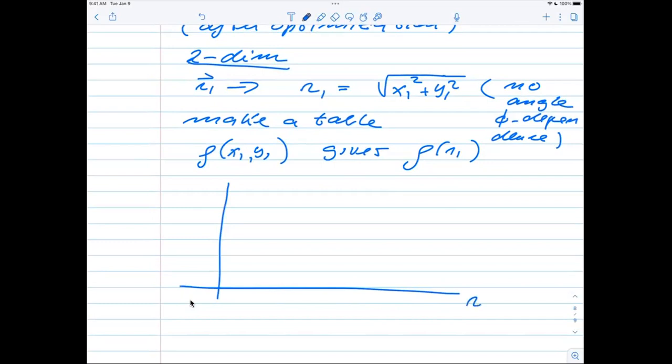So we would then plot it as a function of R1, and we can just take away the R1 subscript and just write it as R. But now let's stick with R1. You would get the same result for R2, R3, and so on, because the wave function, just keep this in mind, has the correct symmetry.